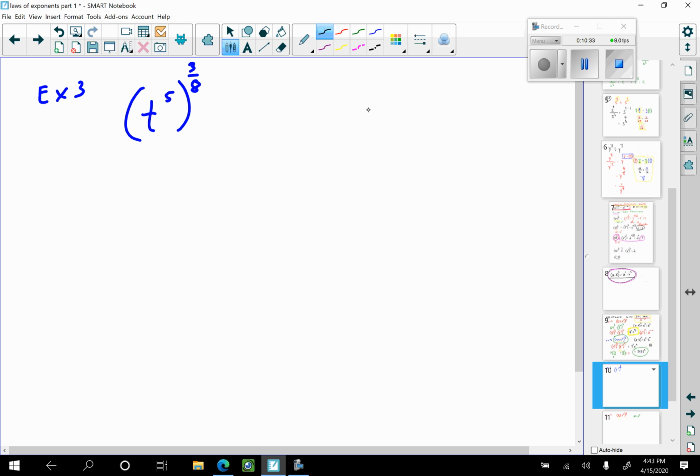Hey, guess what? I'm just going to use this property: a to the n to the m. Do you mean to tell me? I do. I'm going to multiply the exponents here. You don't have to write this step down. I'm just writing the step down to help some people understand what's going on when I multiply.